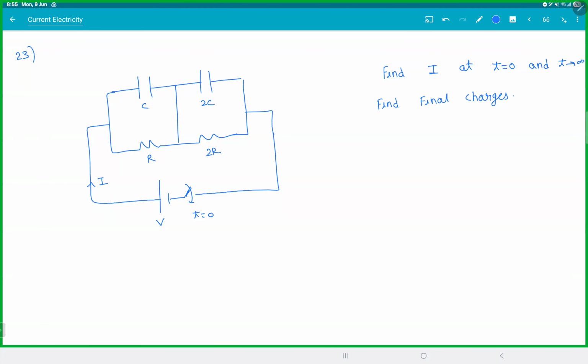At t0, how does it look? Draw the circuit. Always draw the circuit.